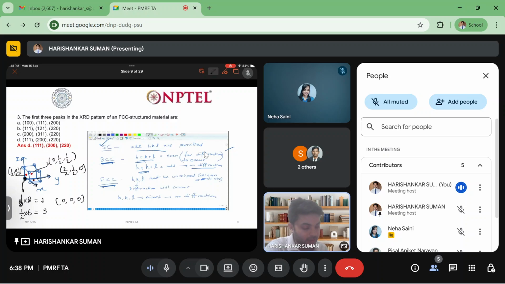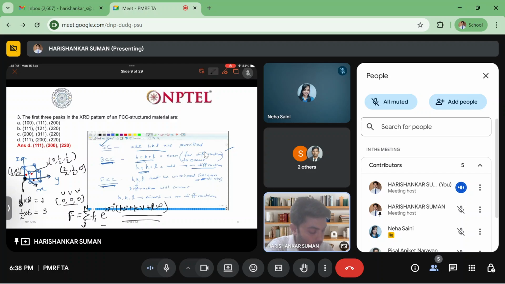Now you can put these numbers in this formula as we saw earlier: the summation over j to N of f_j times the exponential, equal to F for h, k, l. You can put them in this formula.